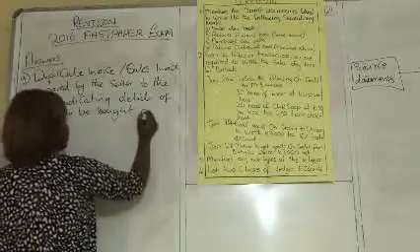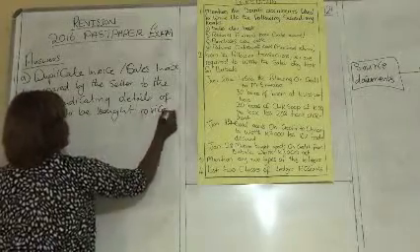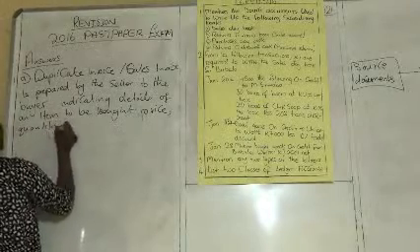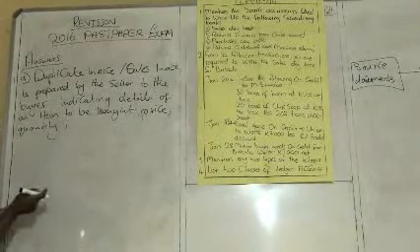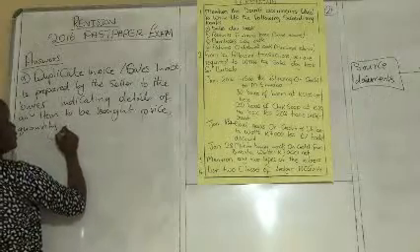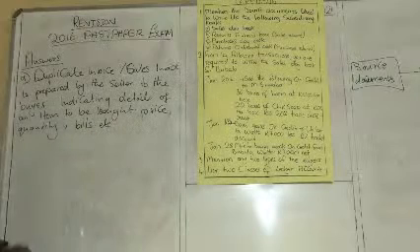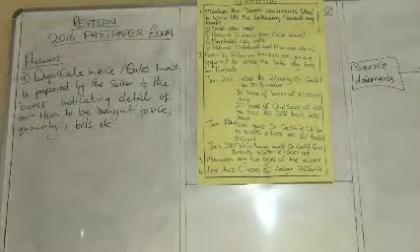The price, quantity, and also the bills, etc. So that's the answer for question 1A.